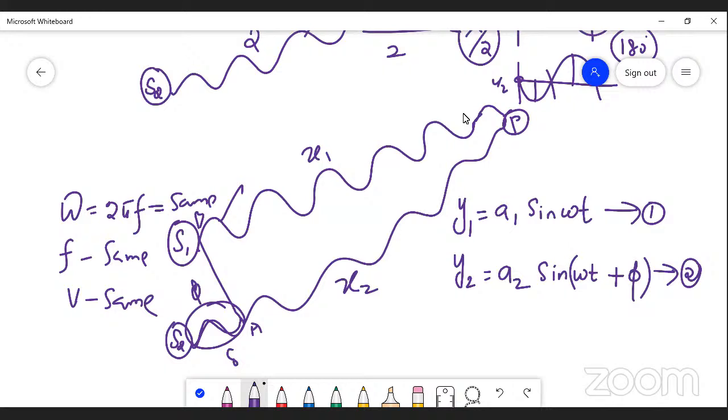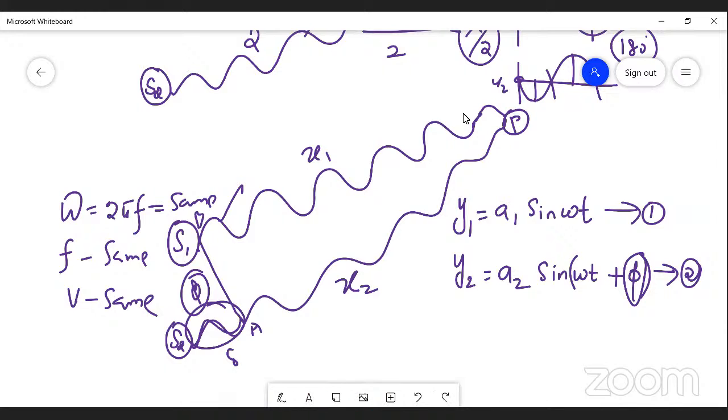The phase difference is pi between the two waves. I mean the second wave travels in the same medium with a phase difference of pi and a path difference of del. If they were the same, there would be no path difference, which means phi is equal to 0 and del is equal to 0. I mean the point must be bright.